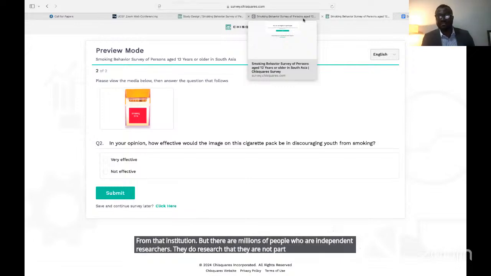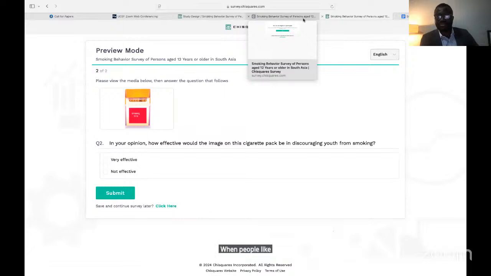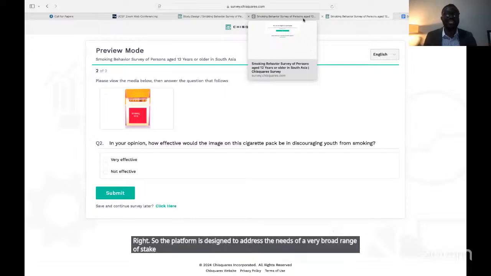So when people like that need ethical review, where should they go? The platform is designed to address the needs of a very broad range of stakeholders, and not necessarily only those in academia. So bottom line, yes, you follow what your institution tells you, or what the local policies in your area say.